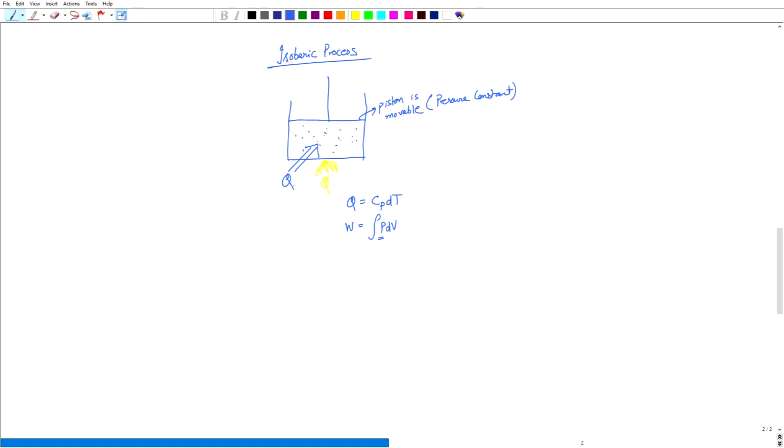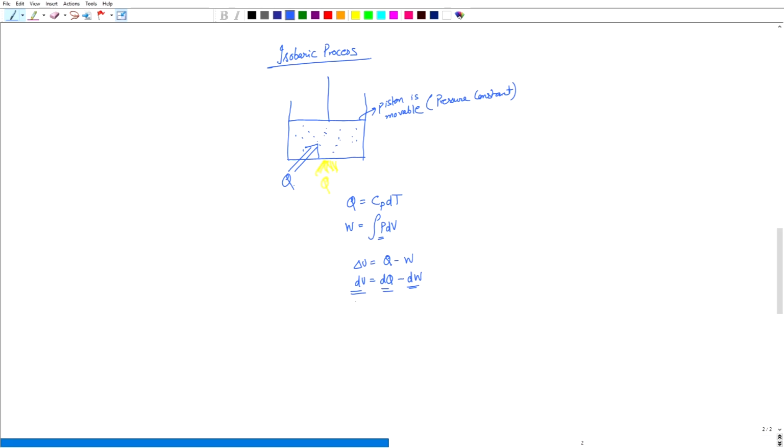Now when applying the first law of thermodynamics, I can write it as dU is equal to dQ minus dW. The change in internal energy equals the heat given to the system minus the work done by the system.